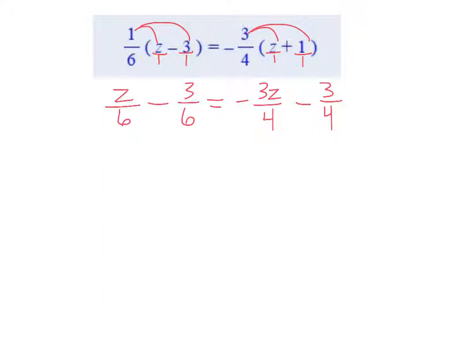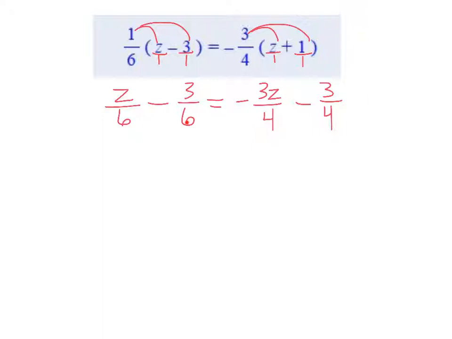And now it's a problem like the previous slide where you have fractions throughout. You have to find the number that all of your denominators could go into. So I've got 6s and I've got 4s. And you have options, but you always want to pick the least common multiple so that you don't end up having a bunch of reducing or get bigger numbers than you have to.